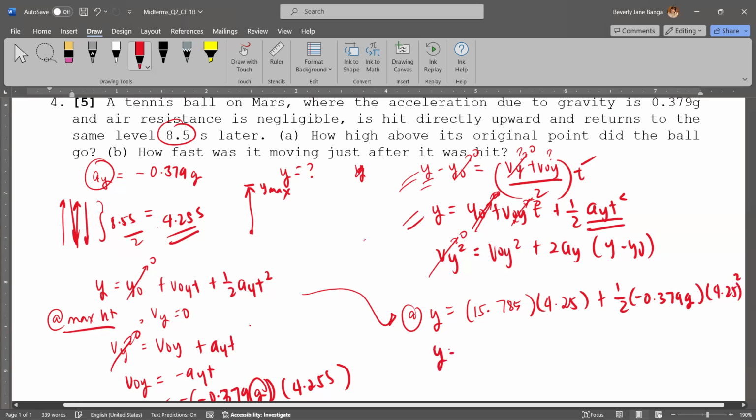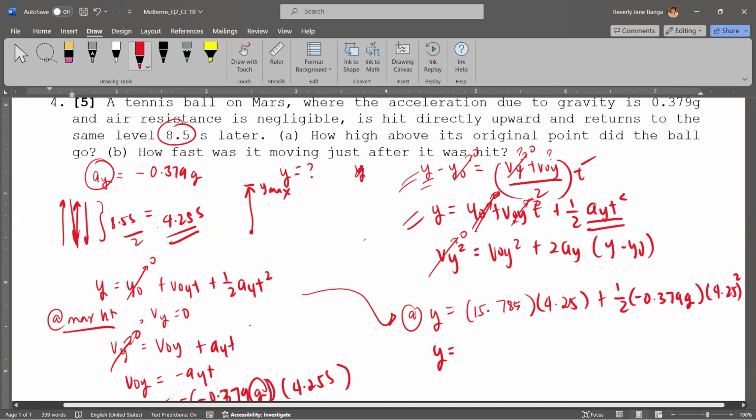Okay, so 0.5 times negative 0.379 times 9.8 times 4.25 squared.